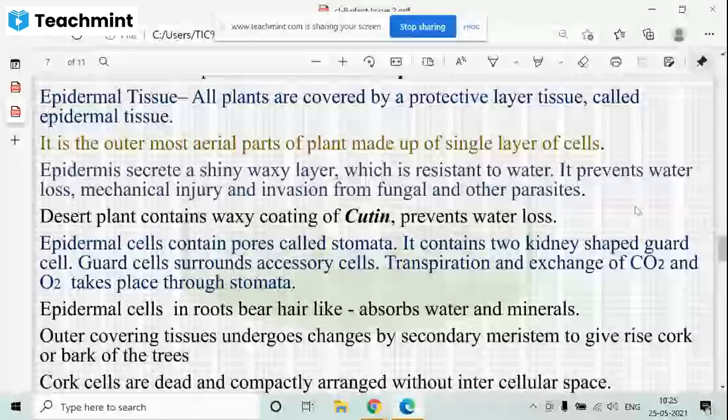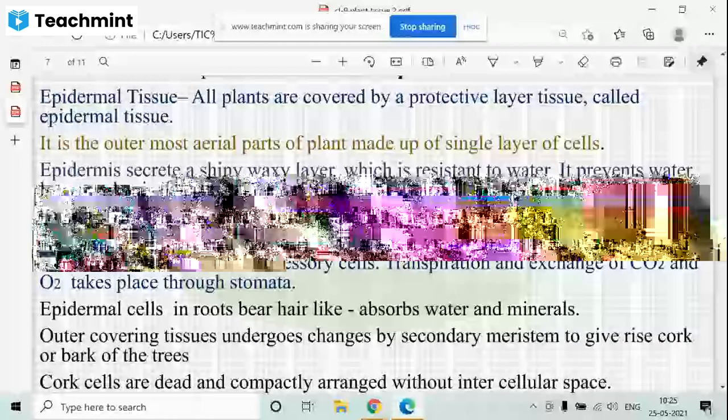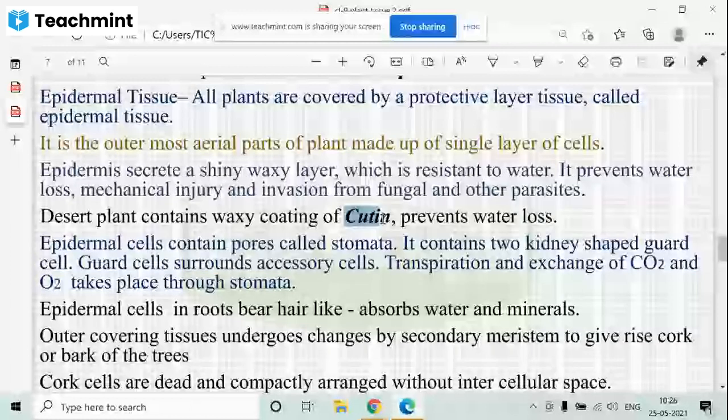If there is minimum mechanical pressure, it can retain it. And this shiny wax does not allow fungus and parasites to go into the cells or in between the tissues. Got it? Now, desert plants have a waxy coating called cutin, which prevents water loss.